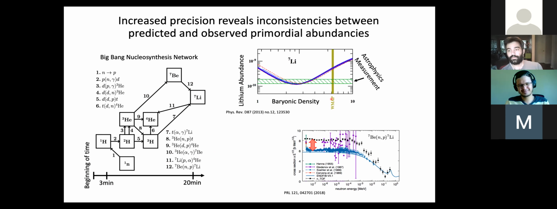Now, WMAP measured this baryonic density, and they found the value here. We believe we have an astrophysics measurement for the lithium abundance, that is this band here. And you will notice that the theory prediction does not pass the point of the two measurements meeting. So this is a tension between theory and experiment.